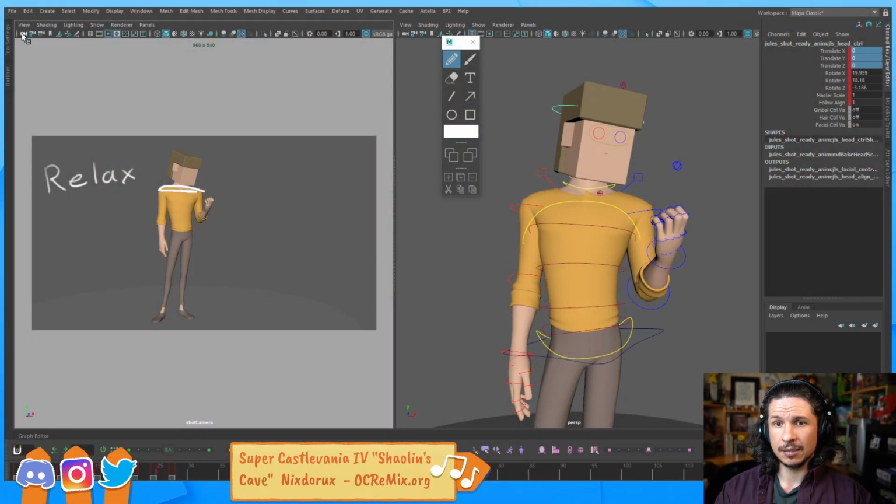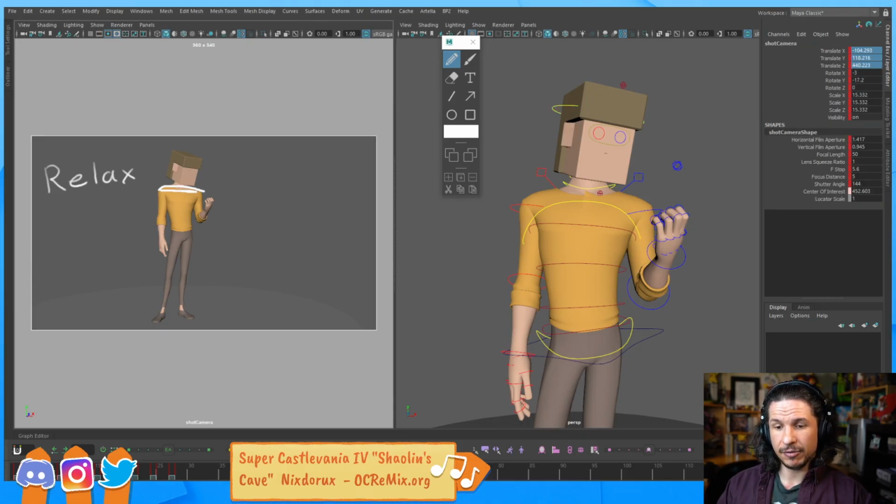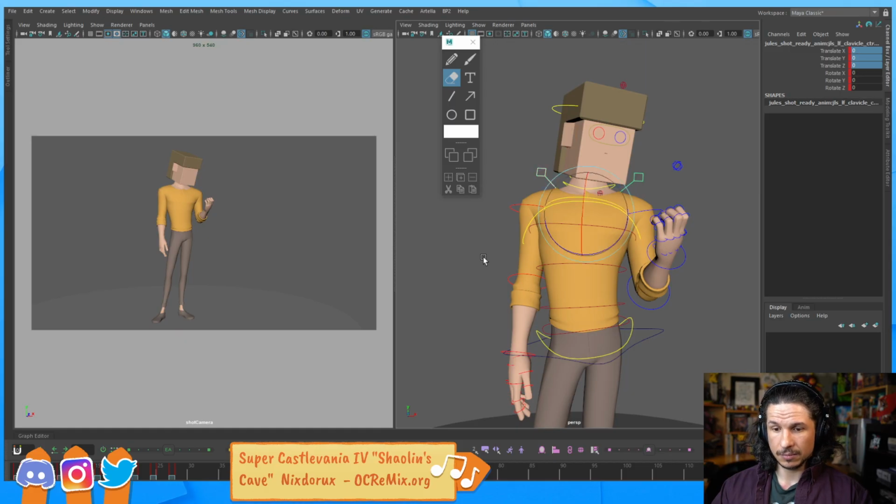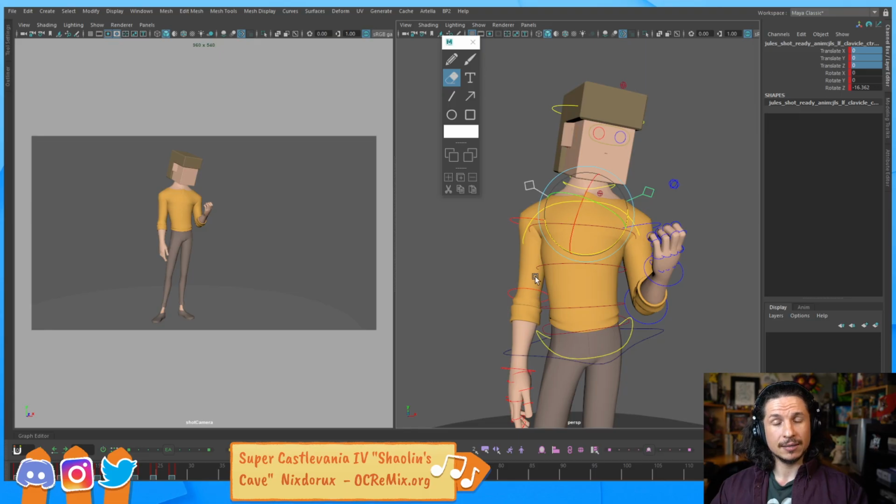So if we want to relax this character and give them a more natural feeling in their body, let's just rotate those down. Look at that. Doesn't that feel more natural? Doesn't that feel relaxed? We're starting to get that triangular shape.